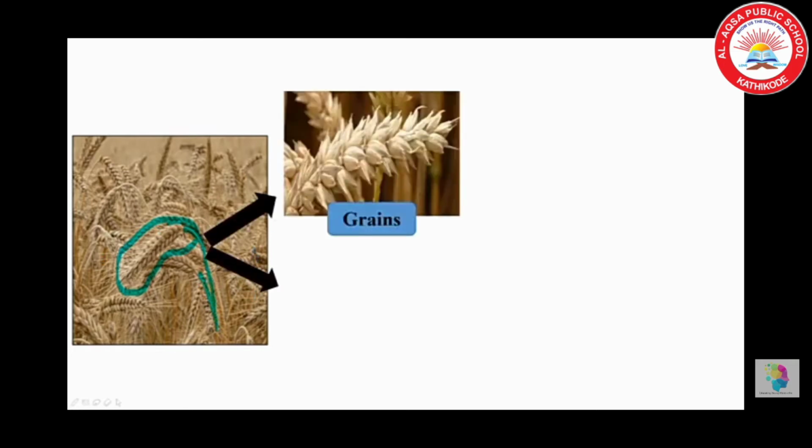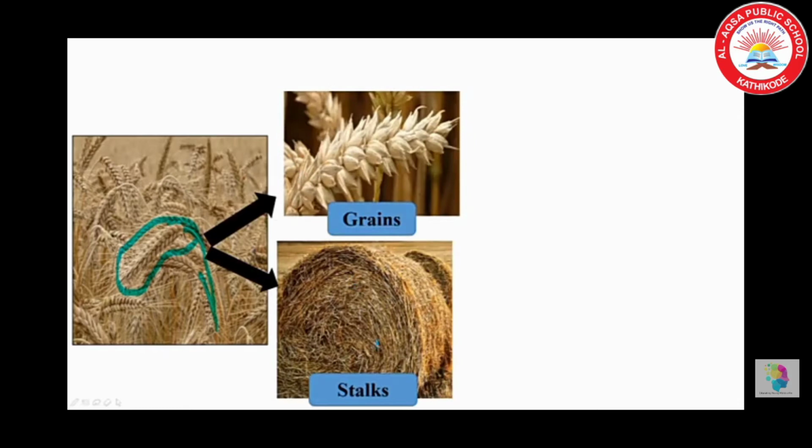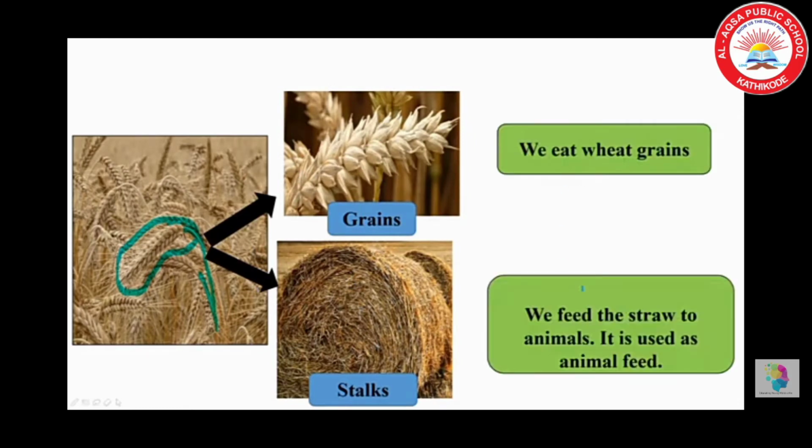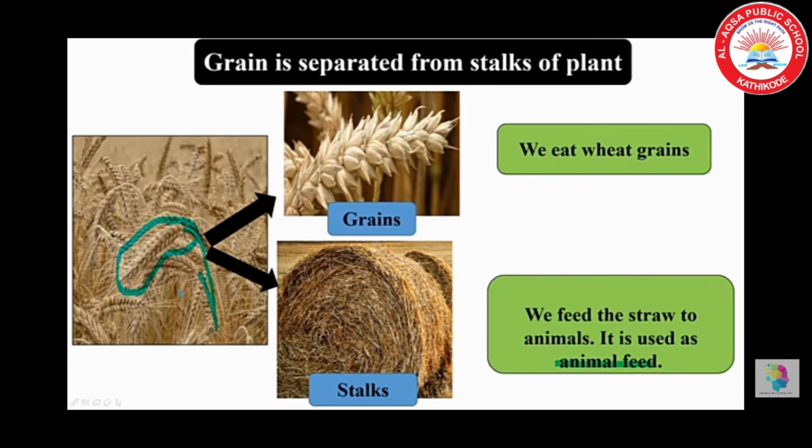So we are separating grains and stalks. Grains we eat as wheat grains and stalks we feed as straw to animals. That means it is used as animal feed. So both are useful components. So grain is separated from stalks of plants.